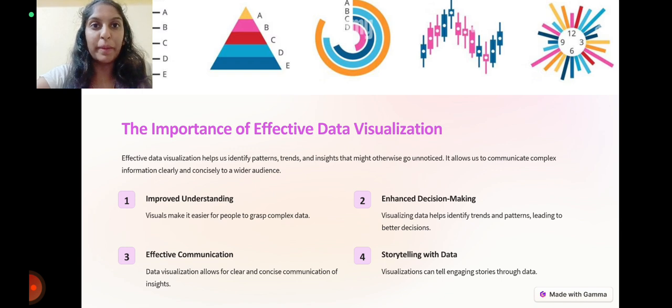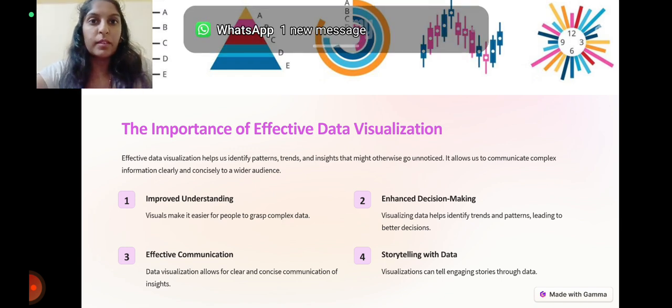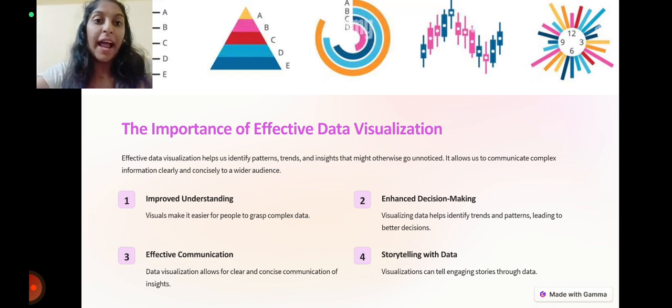Instead of reading the topics in the word format, like in the paragraph format, we can use this visualization technique, which helps for grasping the complex data, and it also helps for remembering for the long term, and to understand the concept very clearly than the paragraph format.